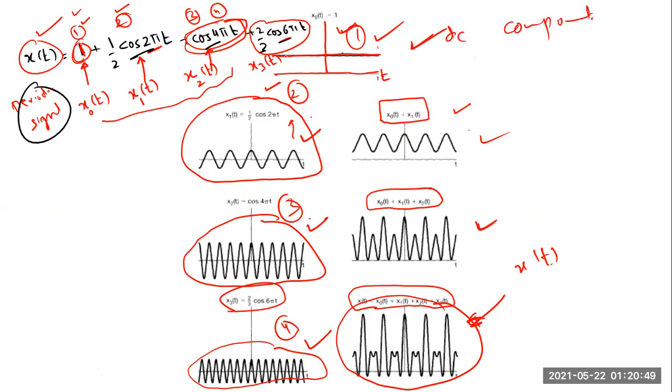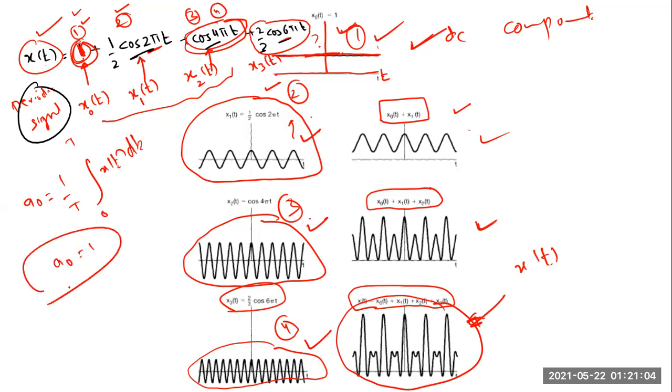Now, how much is this magnitude? Of course, this signal magnitude is 1. It means when you evaluate this expression, you will get a naught equal to 1. So this 1 is telling you how much DC component is present in your signal. And similarly for all of the components.